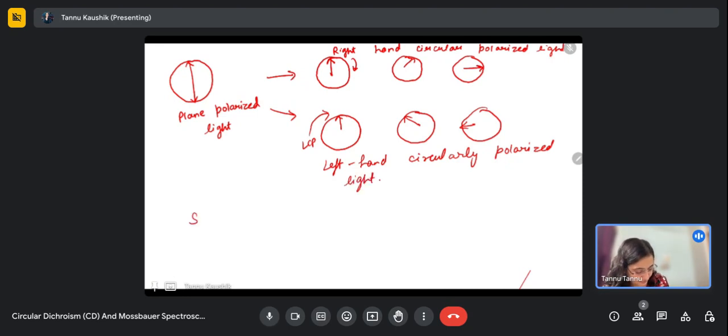And the superposition of this right hand circularly polarized light and left hand circularly polarized light gives us a linearly polarized light.